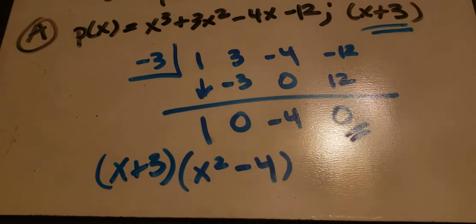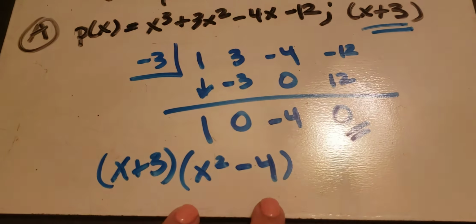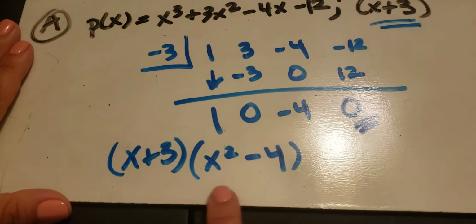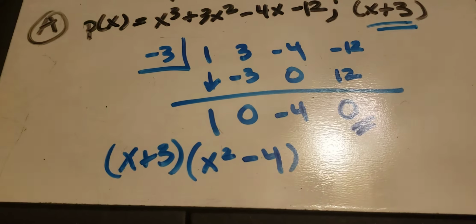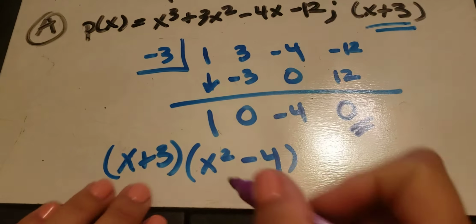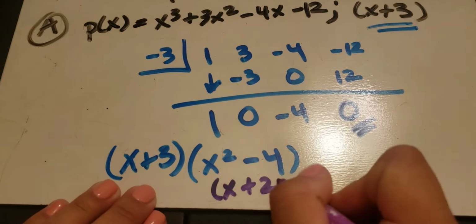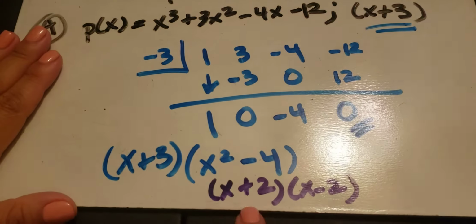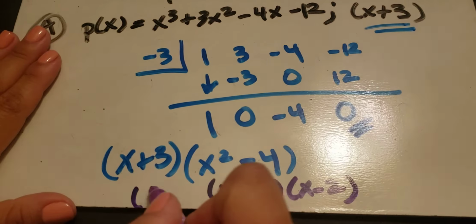But now you're going to practice what you've learned, okay? Now you're going to factor this out. So remember, you previously learned that this is the difference of two squares. So I can factor this out as x plus 2 and x minus 2, okay? So these are the factors including x plus 3.